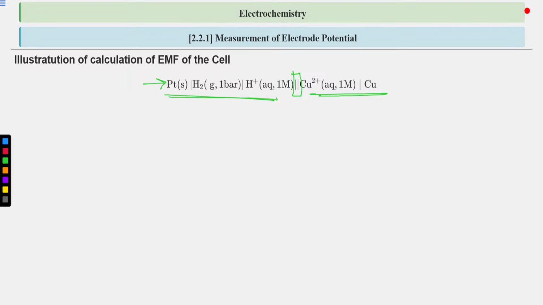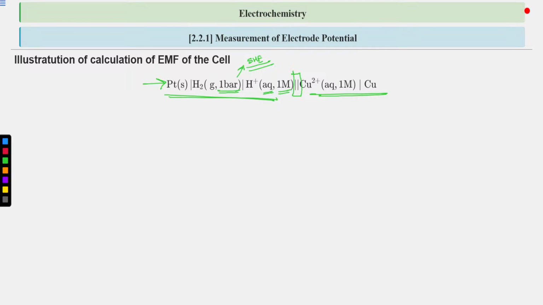This is clear. Now, you can also observe that the left half cell is similar to the SHE, or it is SHE basically. Okay, platinum, H2 in the gaseous state and at 1 bar pressure, and H positive in the aqueous state and 1 molar or unity concentration. Okay, so this left half cell is basically standard hydrogen electrode half cell.